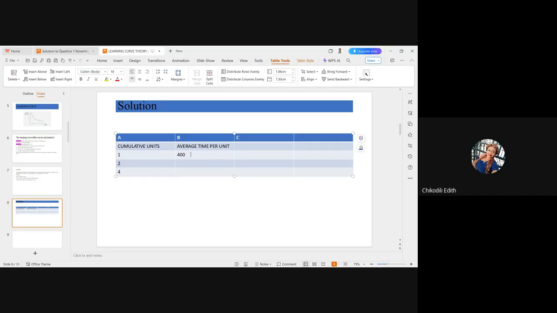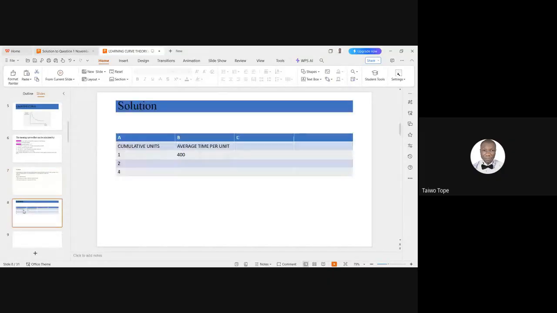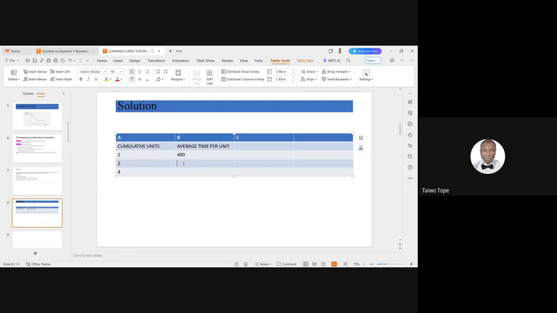400. Now, if you have 400 hours for the first unit, what will be the average time for the second unit if the learning rate is 75%? 300. It's 75% of 400.